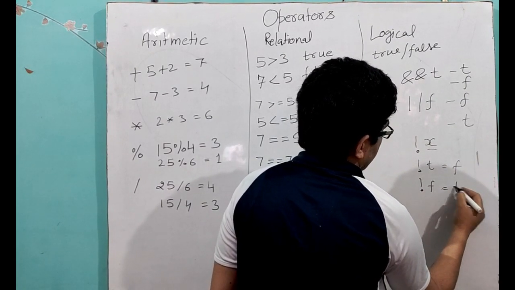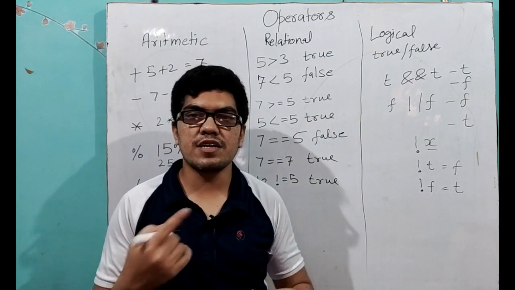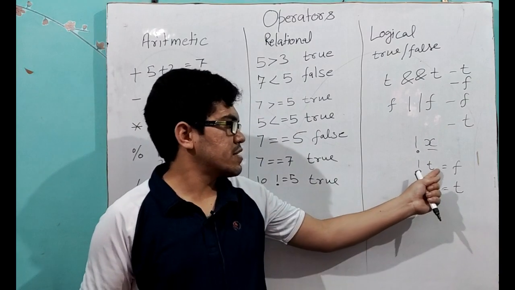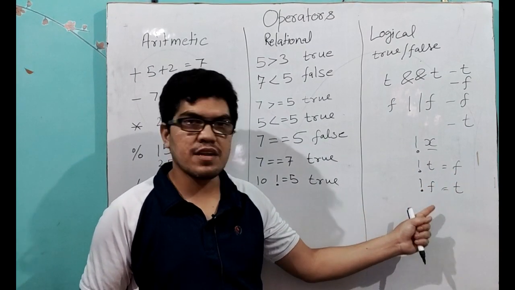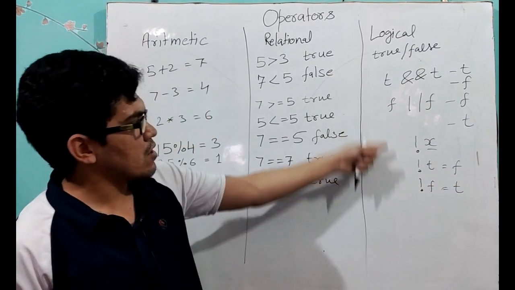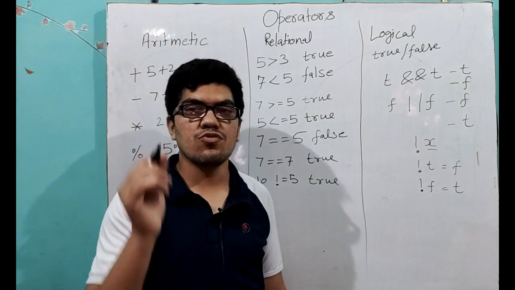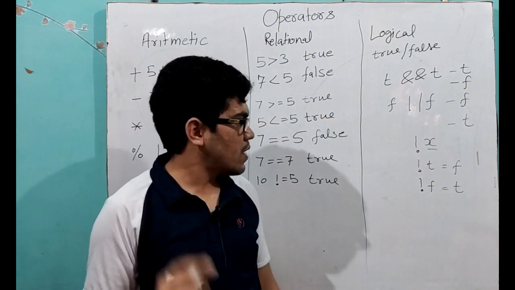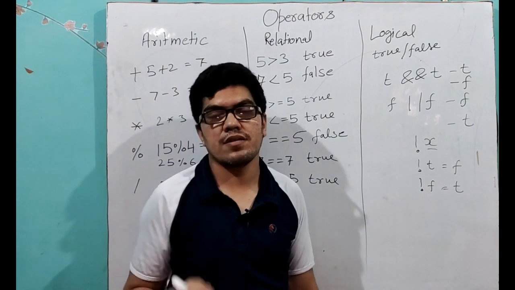If false, then it will make it true. It just gives you the opposite result. If the operand is true, then false. If the operand is false, then the answer will be true. Among all these operators, the NOT operator comes under the category of unary operator, because the NOT operator requires only one operand.